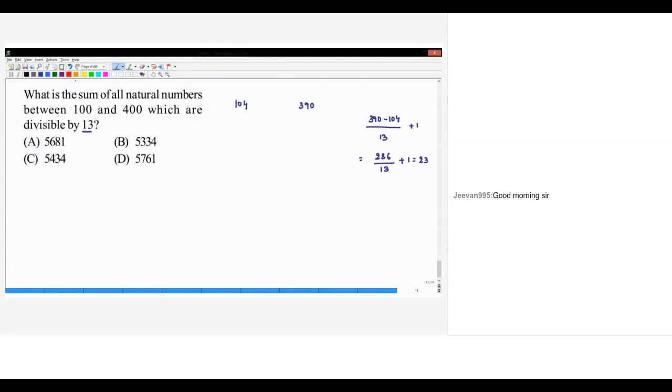Therefore, what is sum when first and last and number of observations are given? 13 3s are 39, 13 8s are... Okay, I'm sorry.